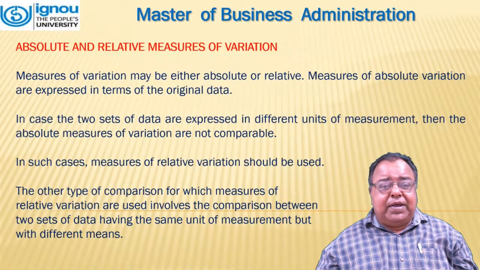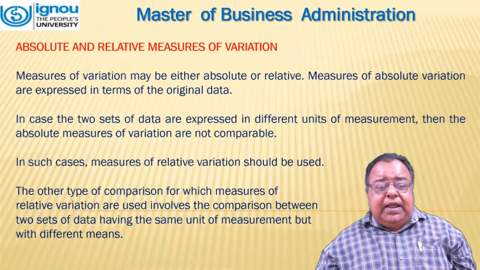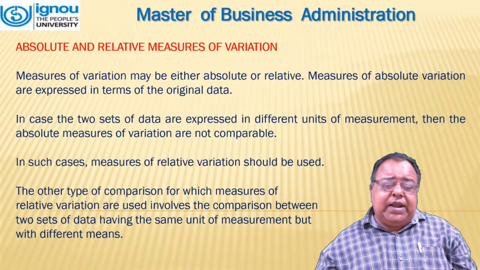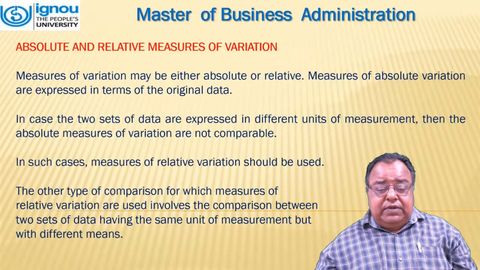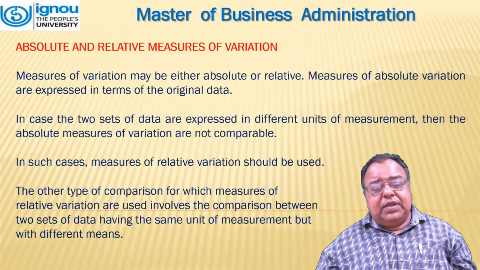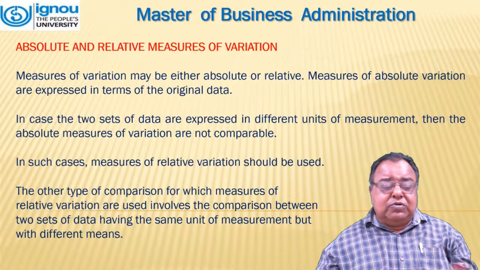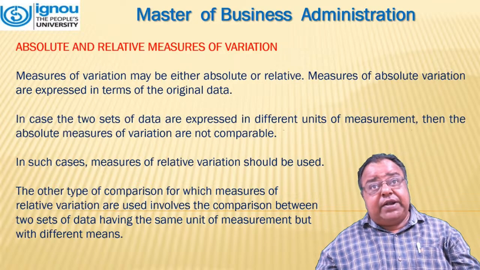That means we cannot compare kilometers with kg. In such cases, a measure of relative variation should be used. Another type of comparison for which measures of relative variation are used involves comparing two sets of data having the same units of measurement but with different means.